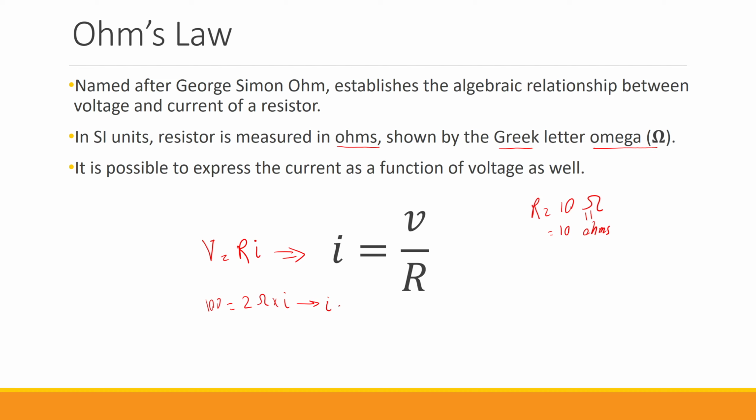The value for I is going to be 10 volts divided by 2 ohms, which equals 5 amps. Very straightforward and very simple.